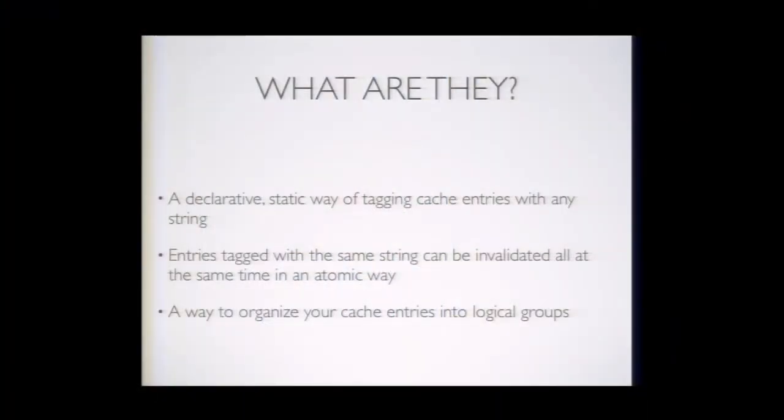So we implemented that, and entries are tagged with every group that you defined at configuration time. And you can invalidate that cache at any moment in an atomic way. So it's a good way of organizing your cache entries into logical groups.